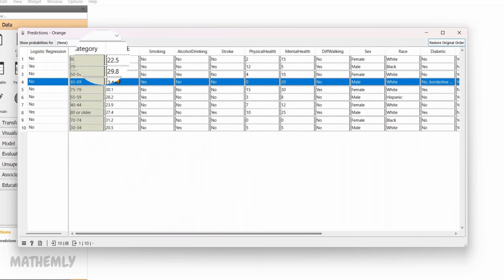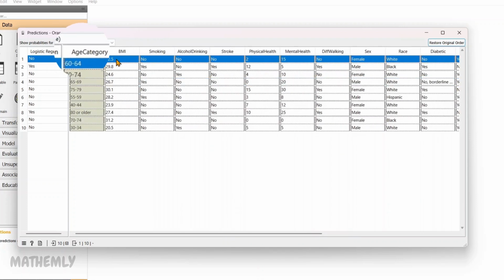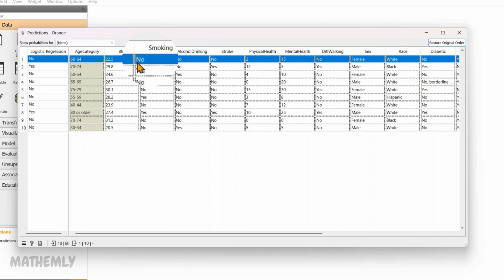For example, let's consider the first prediction. The person is in the 60 to 64 age category. Their BMI is 22.5, which falls in the healthy range. They are not a smoker and do not consume alcohol. They have not experienced a stroke. They reported 2 days of poor physical health. Their mental health score is 15, indicating some mental distress.